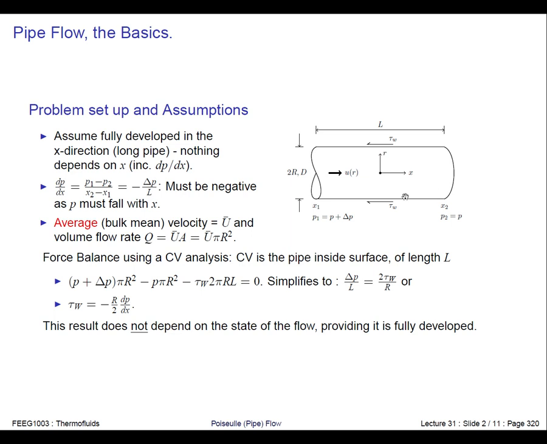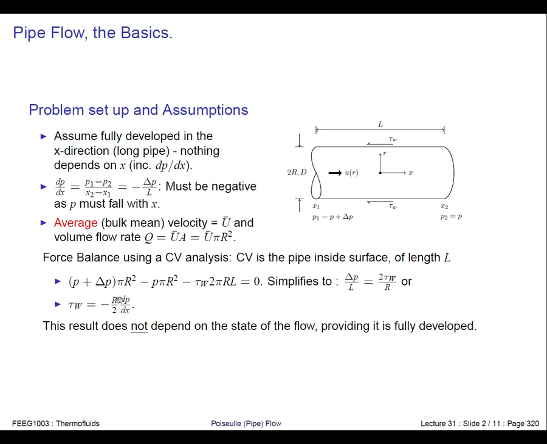We've got a certain velocity, we've got shear stress on the wall, and we know our pressure between downstream and upstream is different by a certain amount delta P. We want to do a force balance in the x direction to work out what the forces are and how the pressure drop is related to the wall shear.